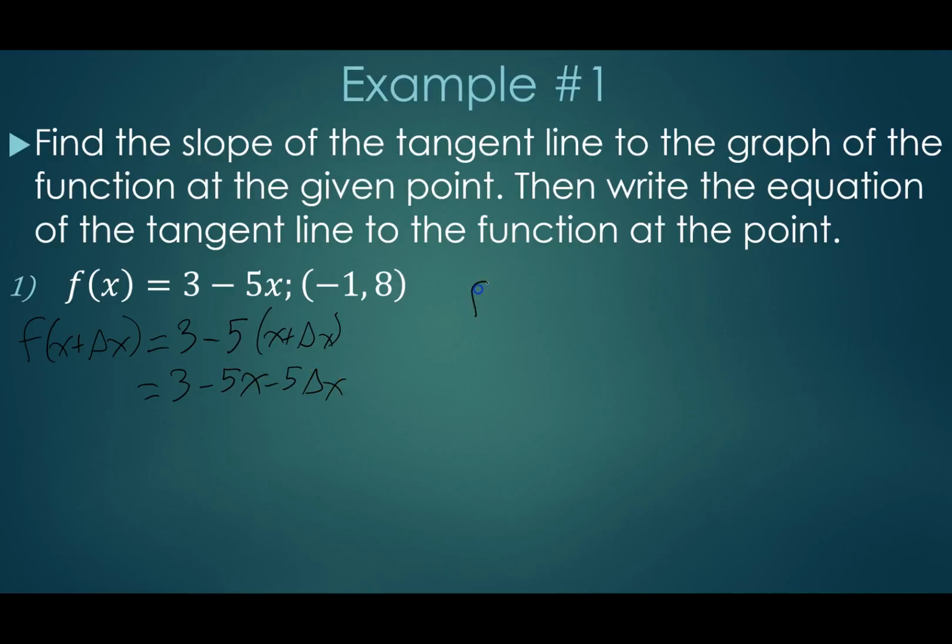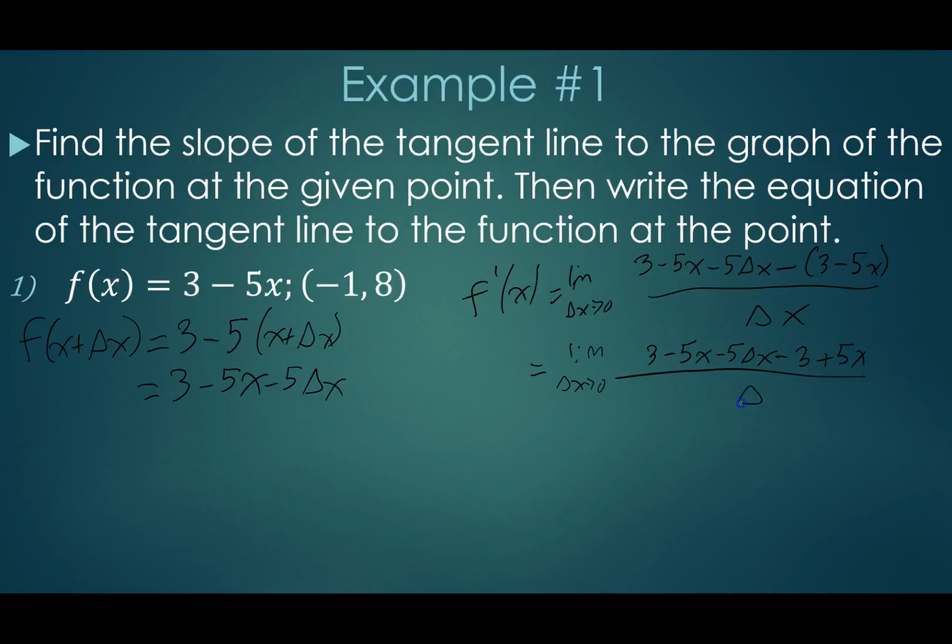Again, the derivative is given by the limit as delta x approaches 0 of f of x plus delta x minus f of x all divided by delta x. So when we distribute the negative into that set of parentheses, we have the limit as delta x approaches 0 of 3 minus 5x minus 5 delta x minus 3 plus 5x all over delta x.